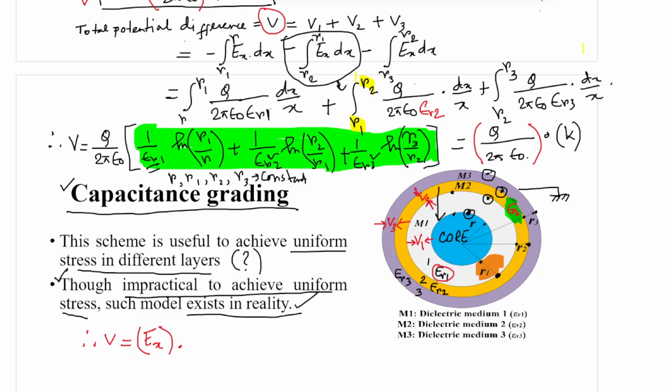Since there are 3 media, I am using epsilon rx, not r3, sorry. Epsilon rx. Then definitely we will have x, and finally this K.